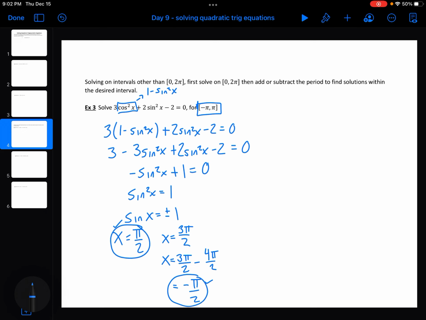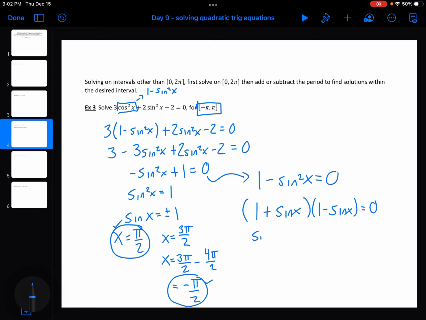Now, if I were to solve this differently, let's just do a second method here. This could really be written as 1 minus sine squared x equals 0. And then if I think of it as a quadratic, I could have 1 plus sine x and 1 minus sine x equals 0.